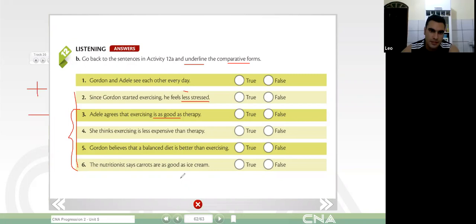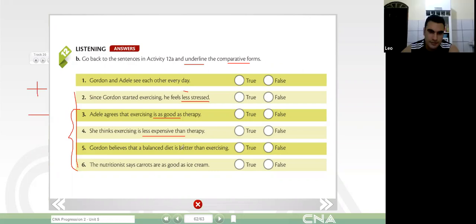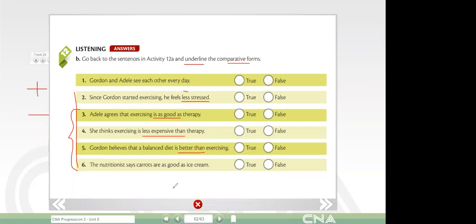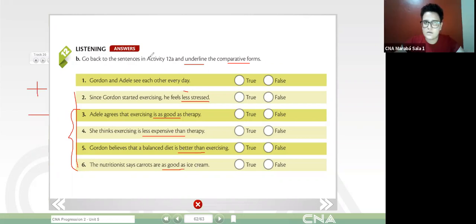Less expensive than. Number 5. Better than. Better than, yes. And number 6. As good as. Let's check here just to be sure. Less stress, as good as, less expensive, better than, as good as. Perfect.